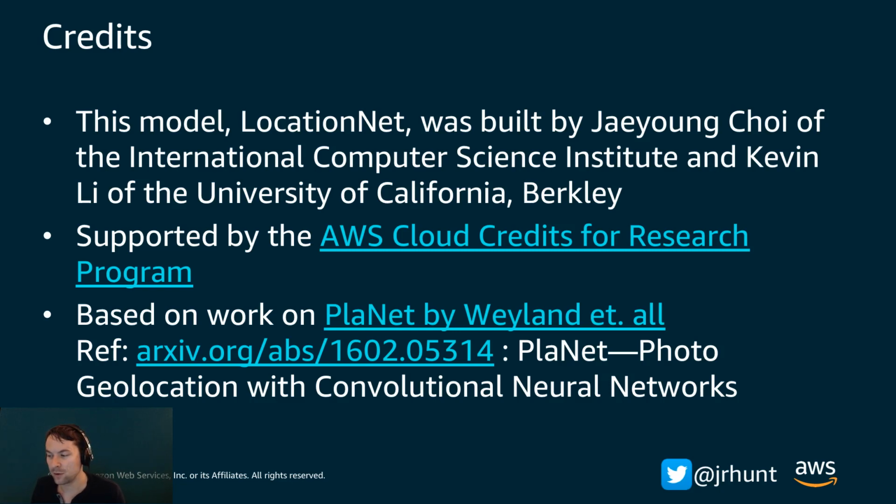So the Planet paper, what they did was they took a very similar approach to what I've described so far today, except they had an error in several places. First of all, they were using regular floating point numbers for their latitude and longitude, and the specificity on that number is important. The downside of floating points is that they don't represent every number between 0 and 1.